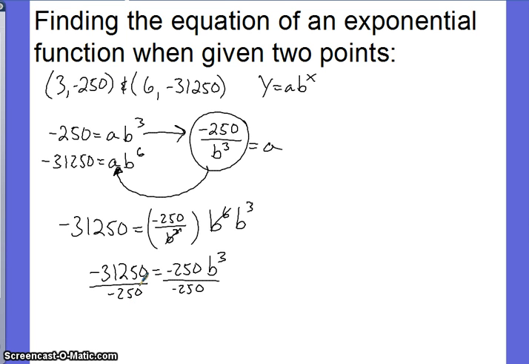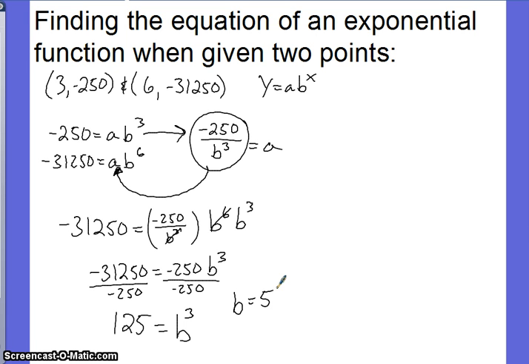How many times does 250 go into that? 4 times is 1,000, so b cubed would be, is it 125? Right, so what cubed is 125? I know that b is 5.